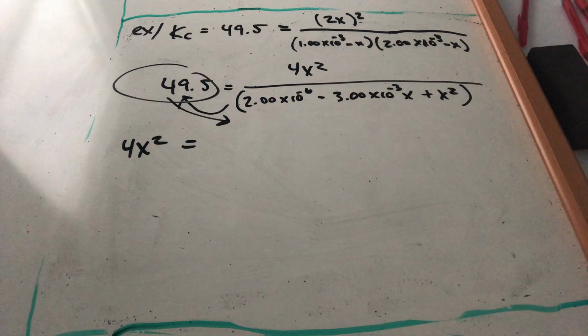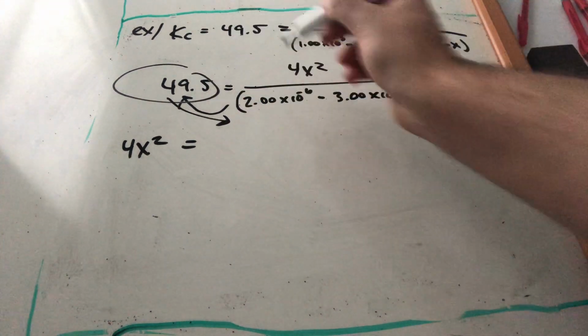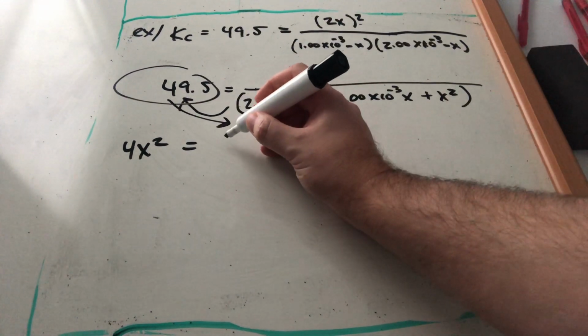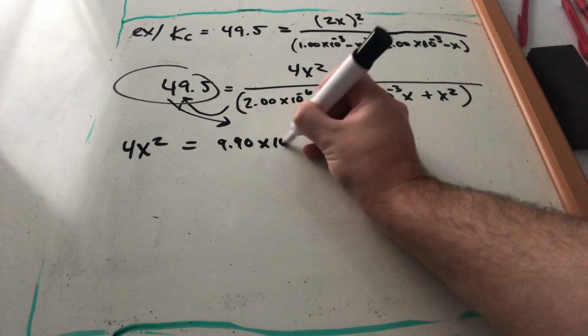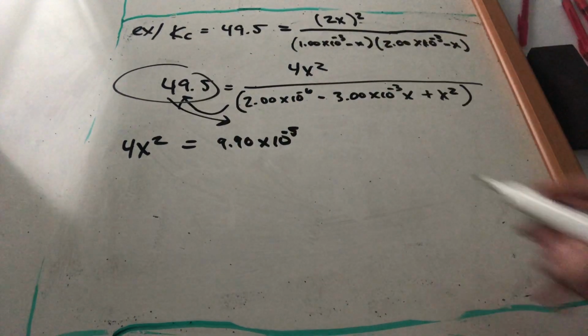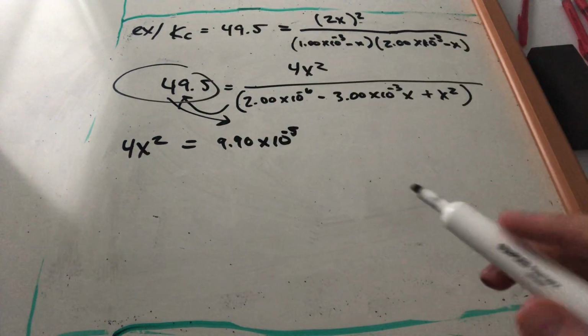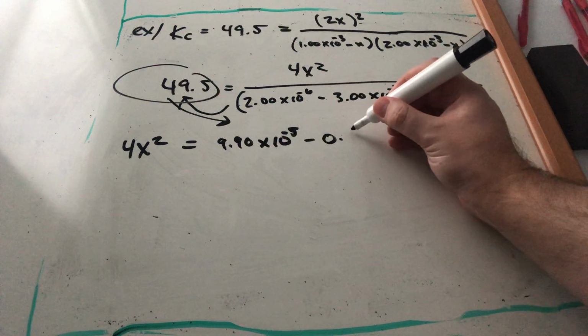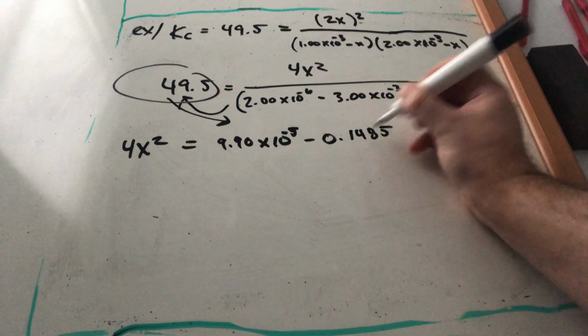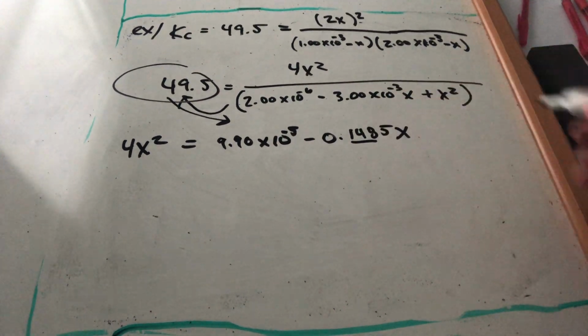All right. So if we do that math, 49.5 times this gives me 9.90 times 10 to the minus 5. 49.5 times this gives me minus 0.1485, with three significant figures, times x.